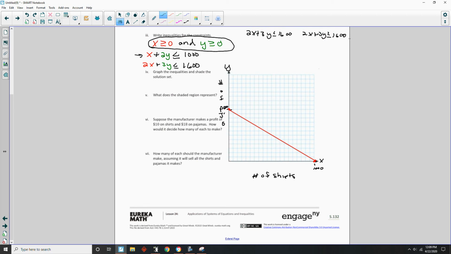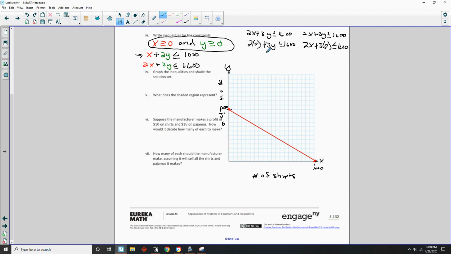I'm going to find out when x is 0, to find my y-intercept, and then when y is 0, I find my x-intercept. So there are my two inequalities.